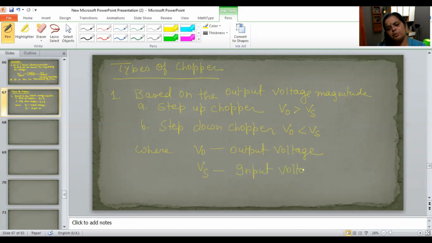Please mind it, both are DC type. So the step up chopper is a chopper whose output voltage is greater than the input voltage, whereas the step down chopper is a chopper whose output voltage is less than the input voltage.